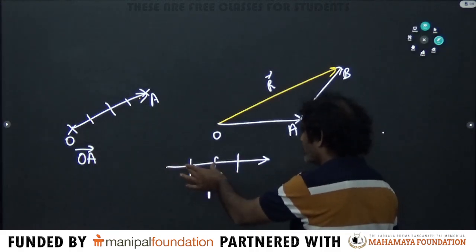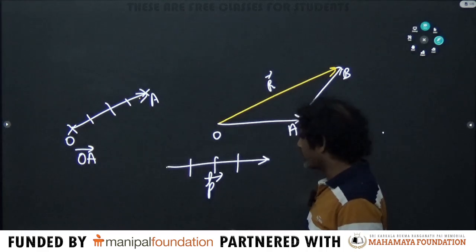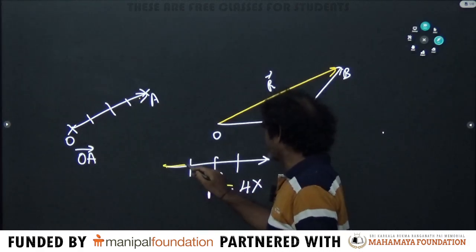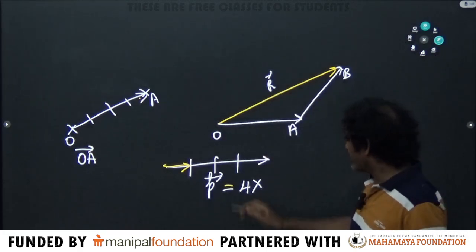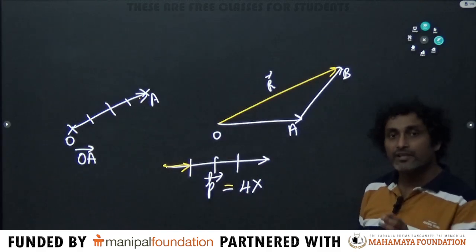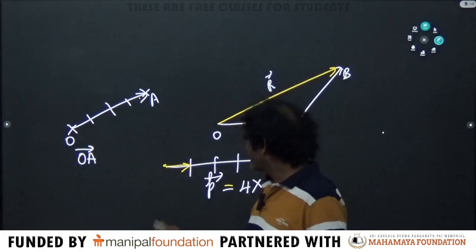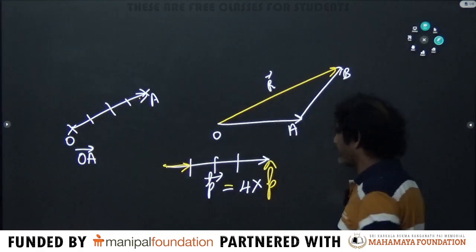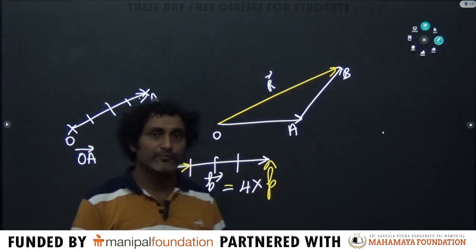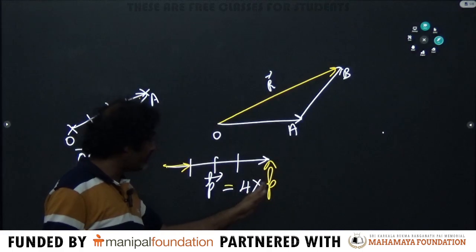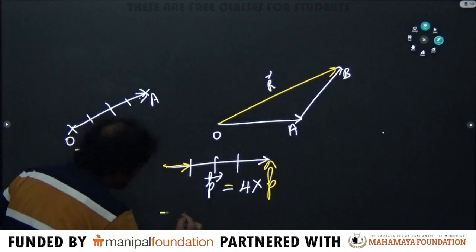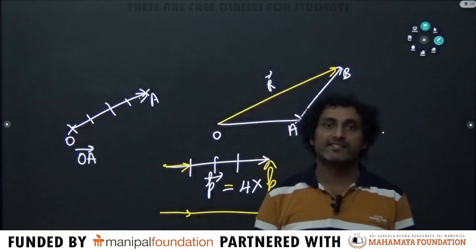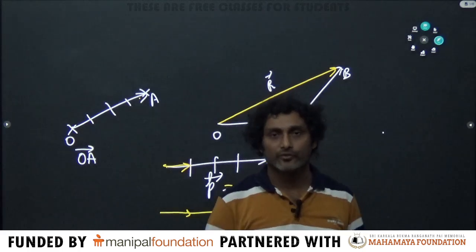Look at its magnitude: 1, 2, 3, 4, right? What we can do is write this as 4 times this small vector. Its direction is the same as the P vector, but its value is only 1; it gives the direction. So the unit vector's job is to give direction. If I write 4 times p cap, p cap is a unit vector in the direction of the p vector. If you multiply this by 4, don't you get the same p vector? Any vector is its magnitude into the unit vector.